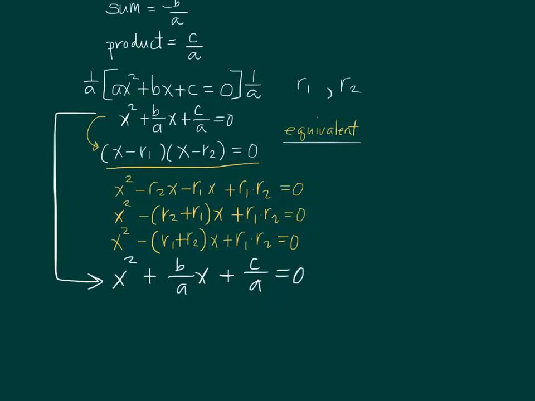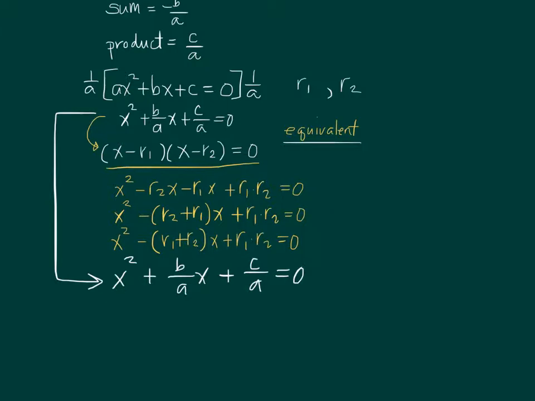Since they are equivalent, then we could correspond the terms of the expanded form of x minus r1 times x minus r2 equal to 0 to that of x squared plus b over a x plus c over a is equal to 0.